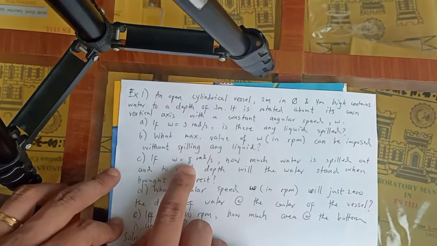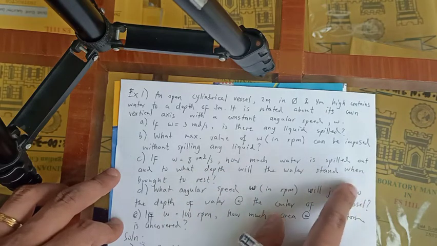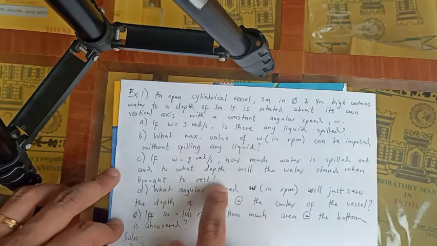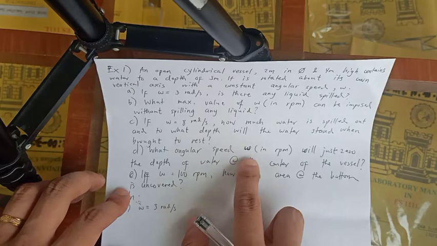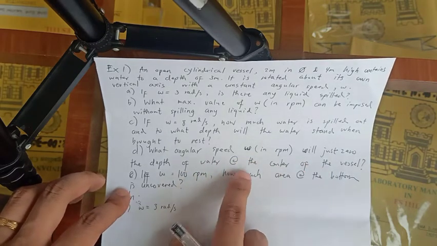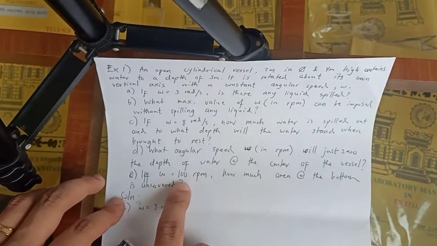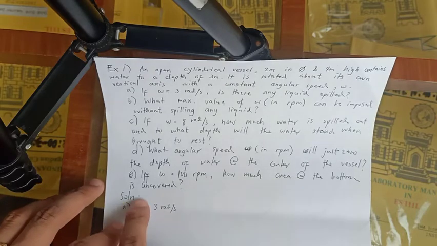C, if omega equals 8 rad per second, how much water is spilled out and to what depth will the water stand when brought to rest? D, what angular speed omega in RPM will just zero the depth of water at the center of the vessel? E, if omega equals 100 RPM, how much area at the bottom is uncovered?